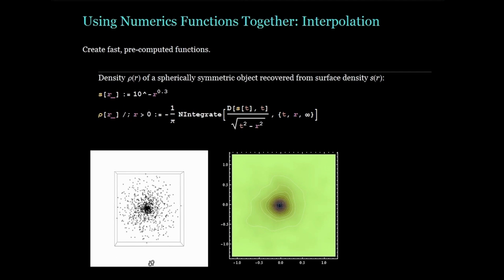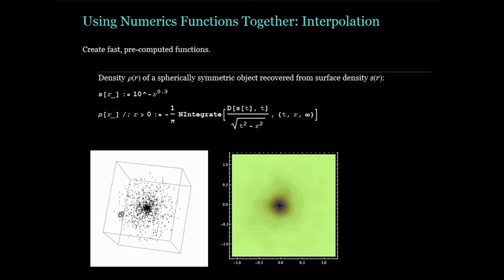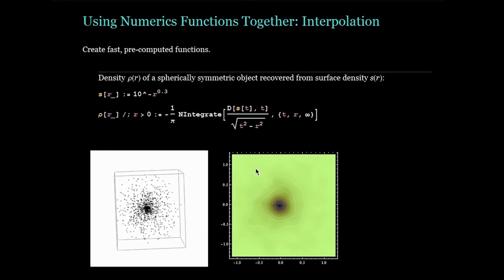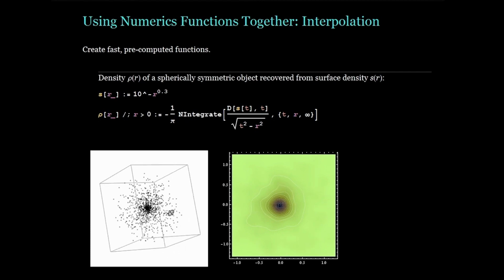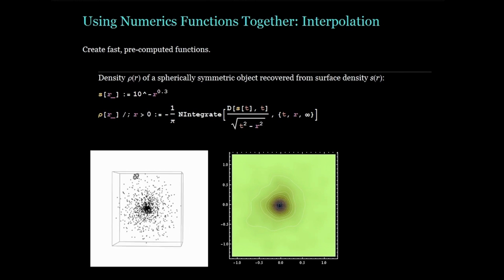You see something like this, or like this, which is a smoothed plot of the same thing. But of course the real object is three-dimensional, and so the question is, given the two-dimensional projection, how can you find the overall three-dimensional structure? One common case is to assume that the object is roughly spherically symmetric.